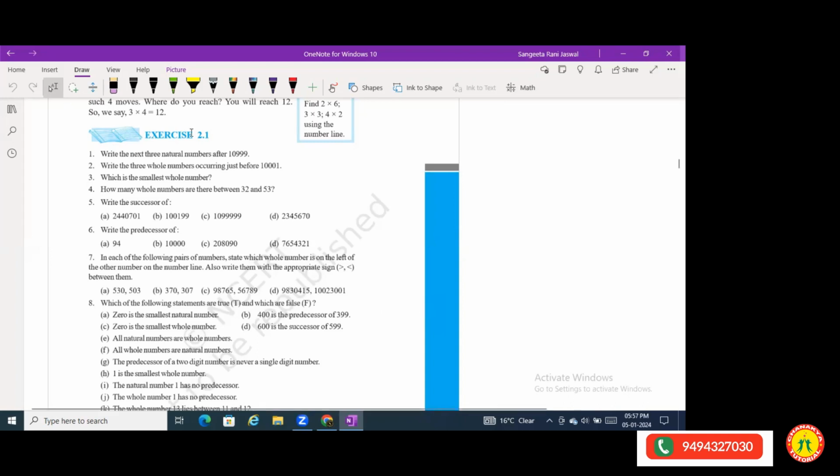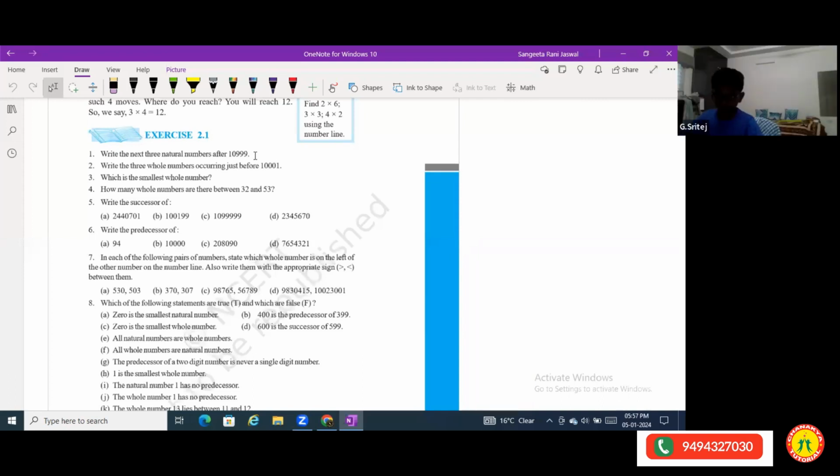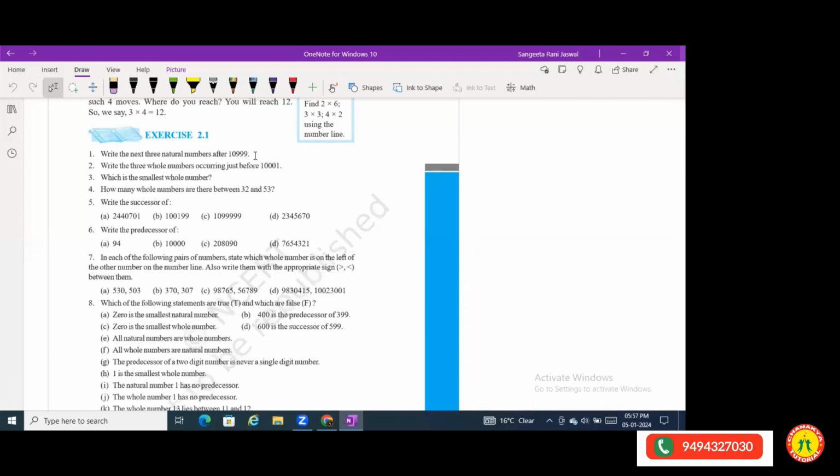Write the next 3 natural numbers after 10,999. Can you write the next 3 natural numbers after this? Yes, ma'am. Write it in your notebook and then tell me. I'll ask each one of you one by one.